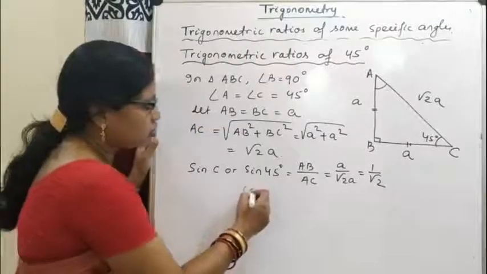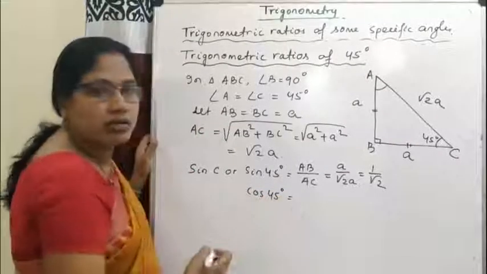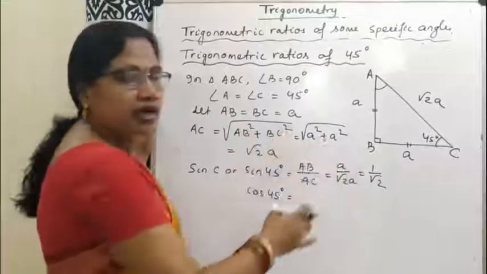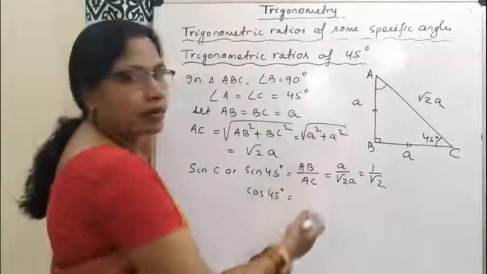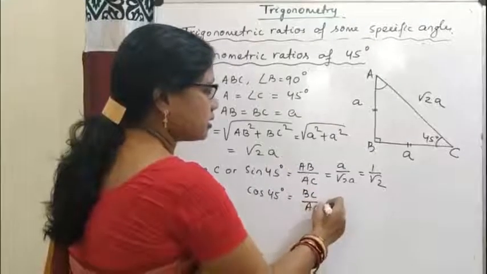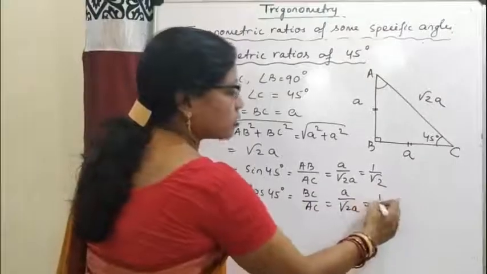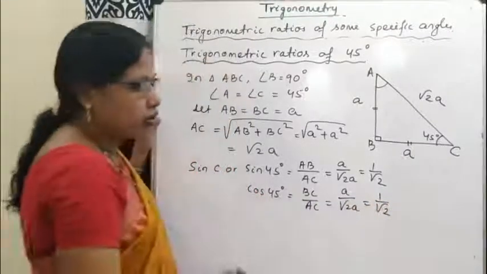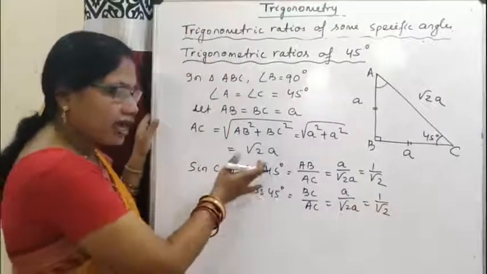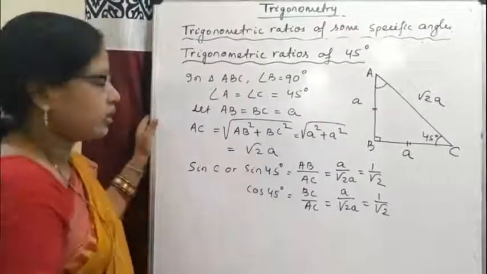Then cos 45. Cos 45 degree is equal to adjacent side of 45 degree divided by hypotenuse. So that is BC by AC, which is equal to a by root 2a. This is also 1 by root 2. If we got the sine and cos ratio, then we can find the other trigonometric ratios.